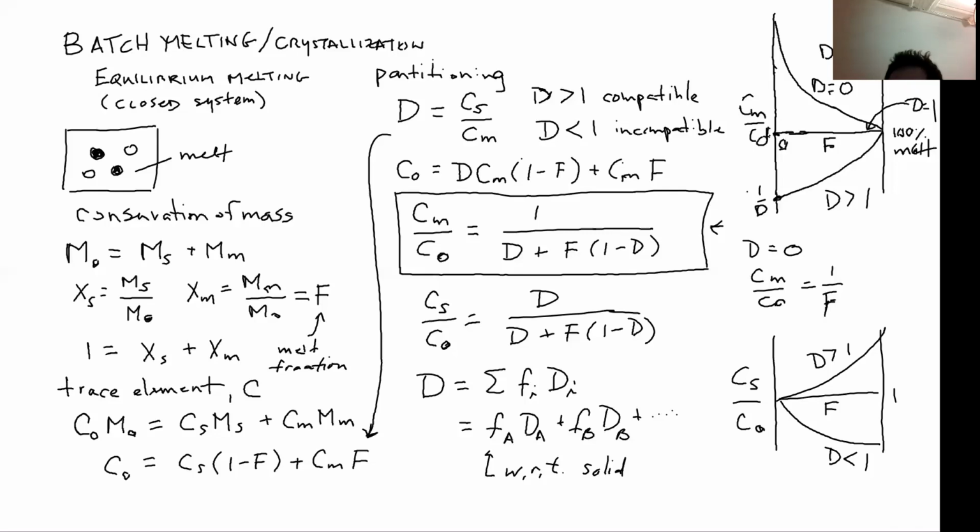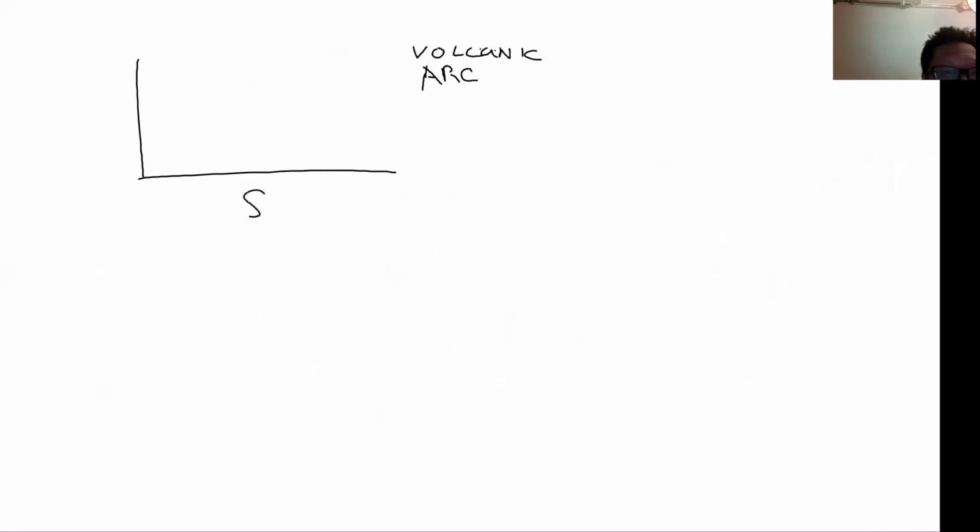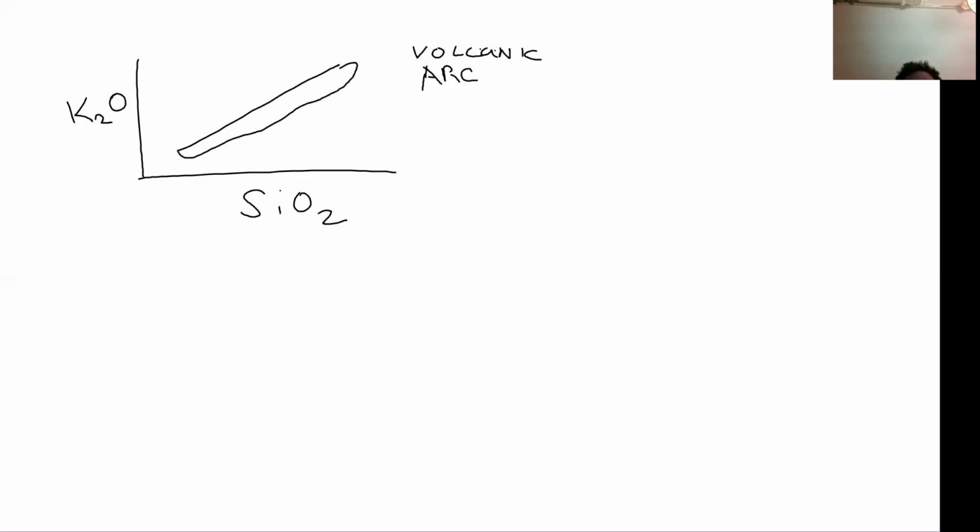Where this can become useful for you is if you go and look at a magmatic system. Often you might plot, like in an arc system, volcanic arc, SiO2 against K2O, and often you'll see an array that looks like this.